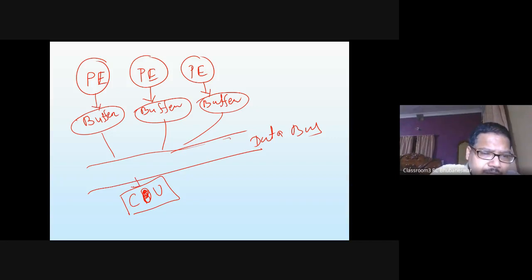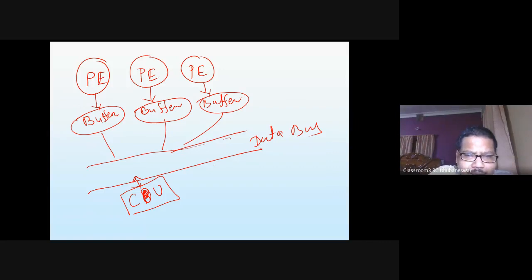The control unit normally controls all processing elements. In Flynn's classification, this model is one single control unit working with multiple processing elements, that is SIMD.